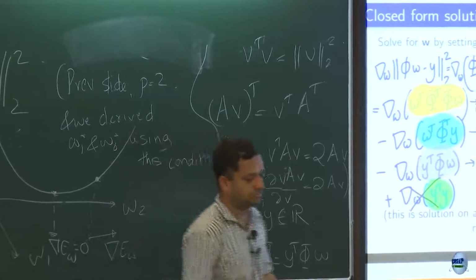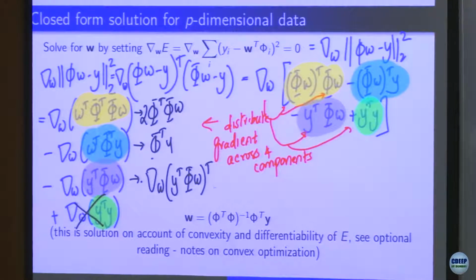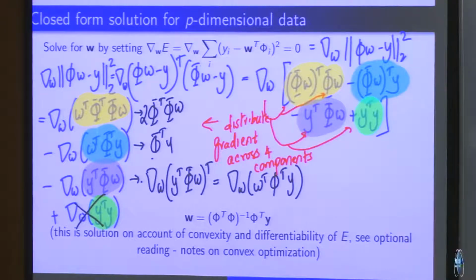I can also show you the other way: I can take the transpose of this and then do the gradient, and that will again distribute. The gradient of w transpose phi transpose y with respect to w, I immediately notice, is the same expression here.